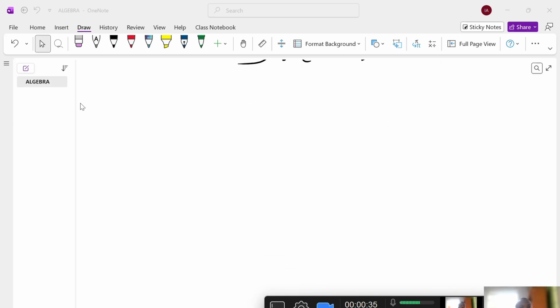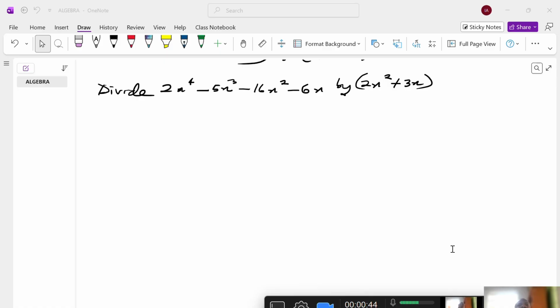So you might be asked to divide 2x raised to power 4 minus 5x cubed minus 16x squared minus 6x by 2x squared plus 3x.